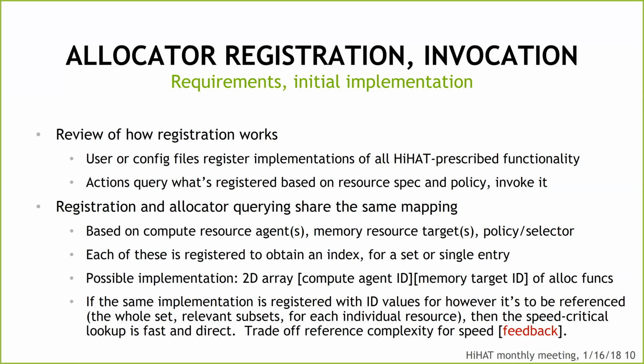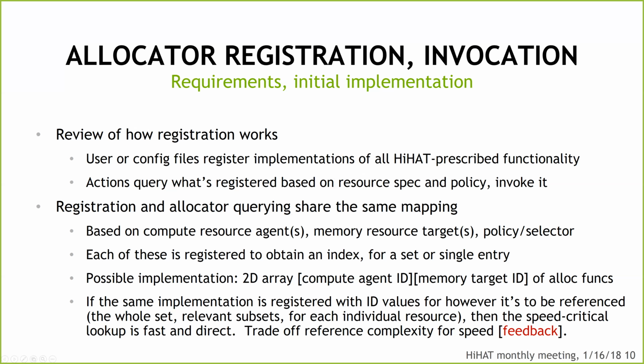So when you create the set, it will have an ID, and the system will know what that ID is, and when you refer to the set, you can use that ID to look up in a 2D array. Based on this ID, the compute agent ID and the memory target ID, it's a simple direct lookup. So you may get some cache misses for that, but if it's cached, that's even better. You will be making an indirect memory reference. But the notion here is, don't make it so that you have to make evaluations about subsets and other kinds of things every time you want to call one of these things.